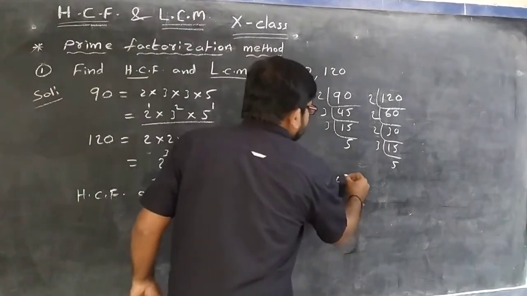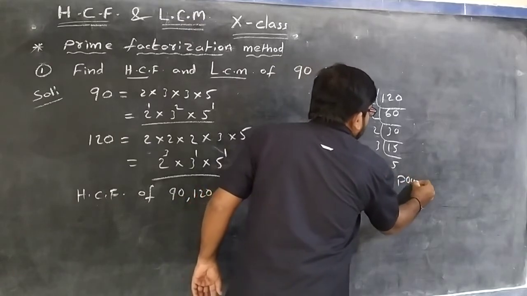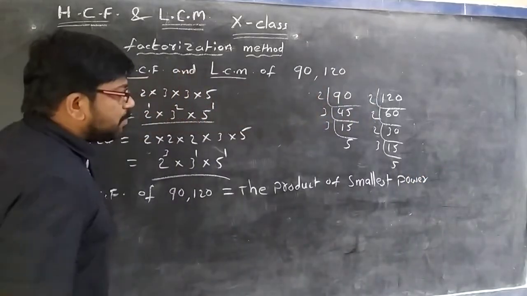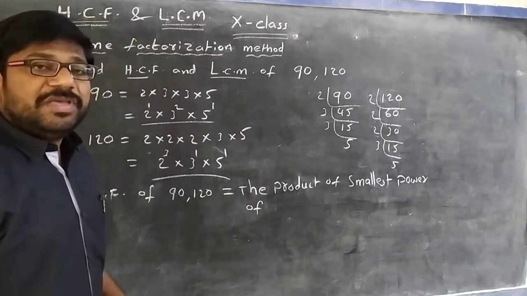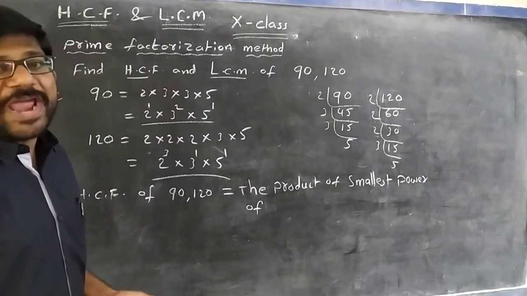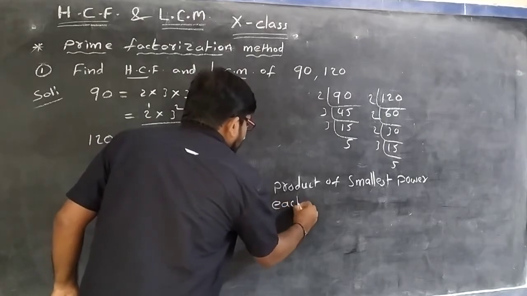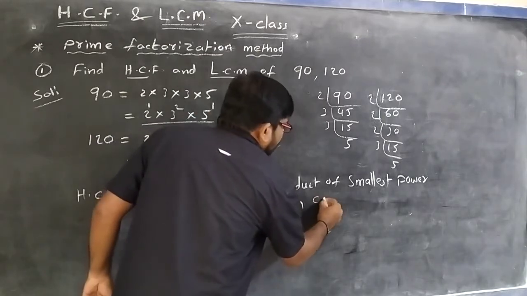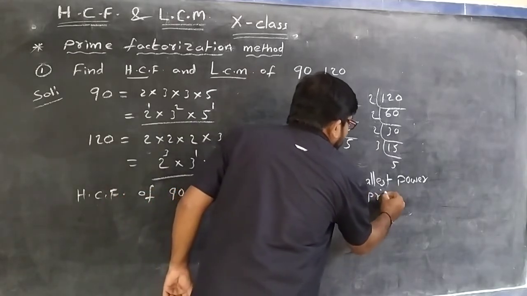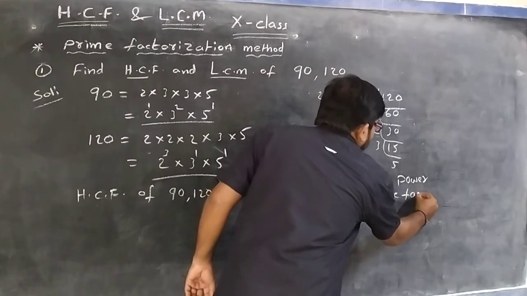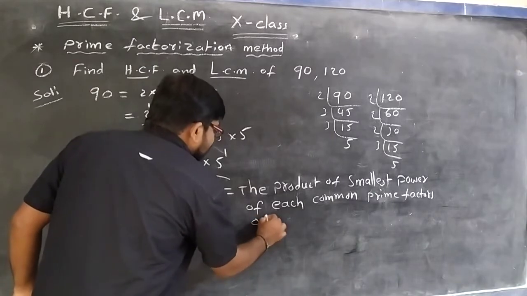So the HCF of two numbers is the product of the smallest power of each common prime factor of the numbers.